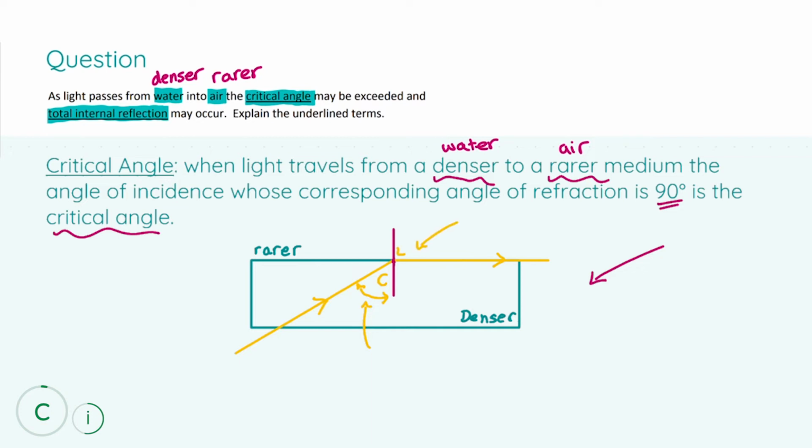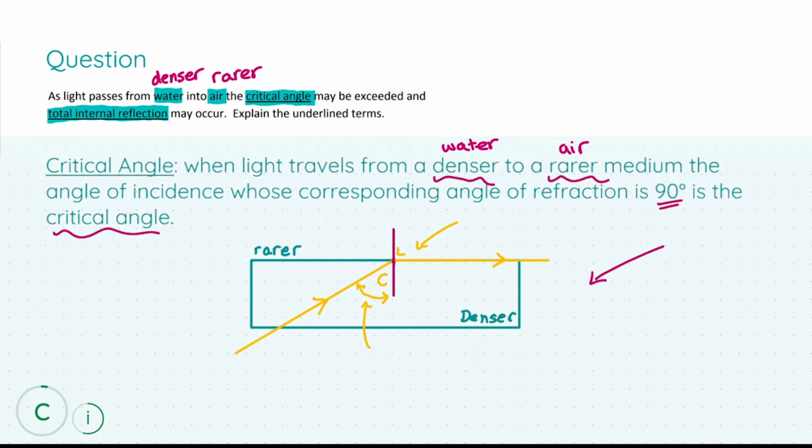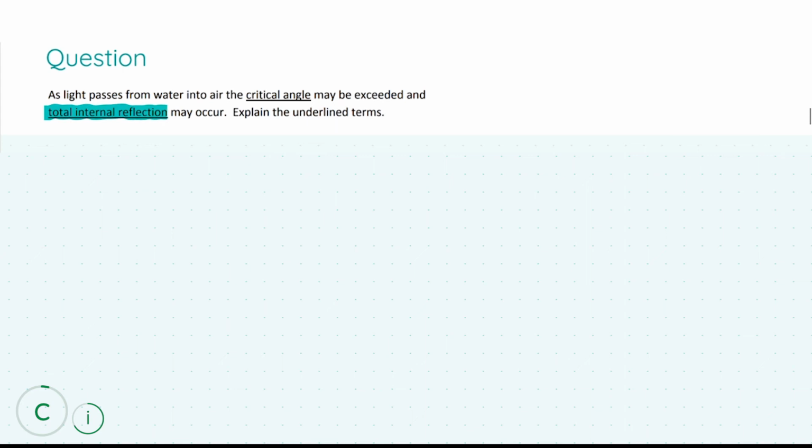Now, where do you get your marks? You get your marks for stating that it is an angle of incidence and that its corresponding angle of refraction is 90 degrees, giving a total of 6 marks. Okay, so next we have to explain total internal reflection.